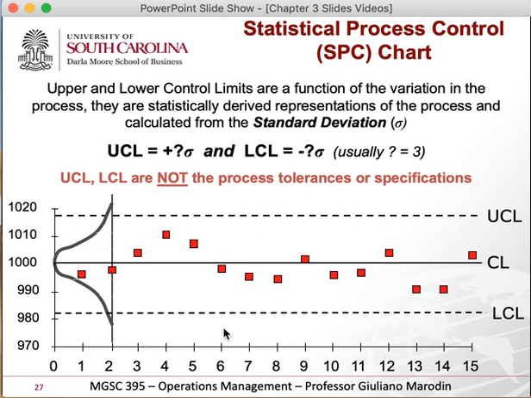So I took, let's say, a sample of 5 observations 15 times, and this is the mean of each one of my samples. And you can see that I have some references here that we're going to learn how to calculate: the upper control limit, the lower control limit, and the central line.